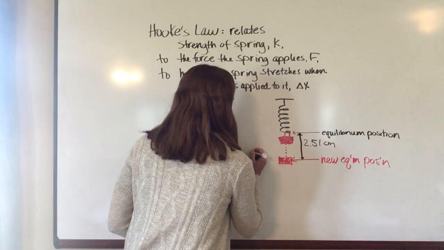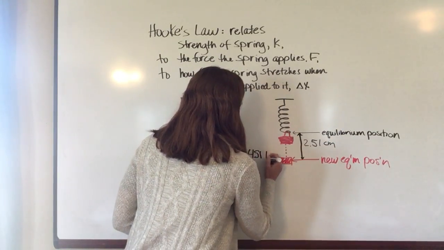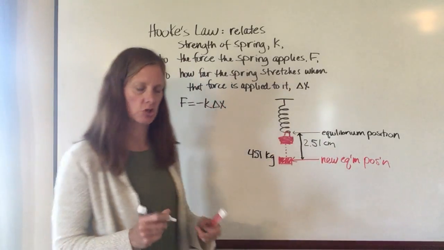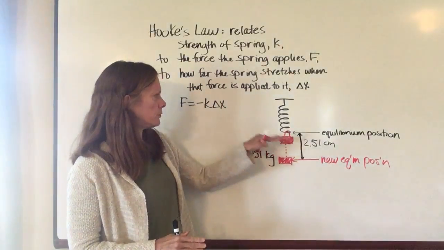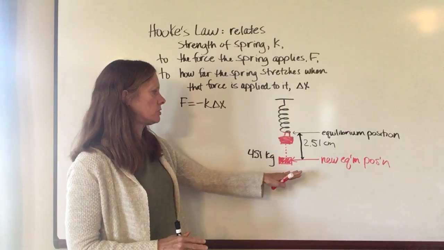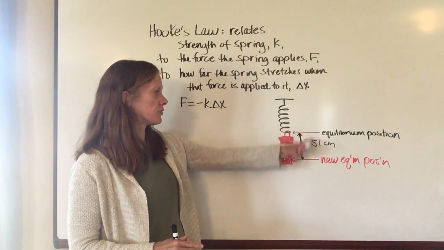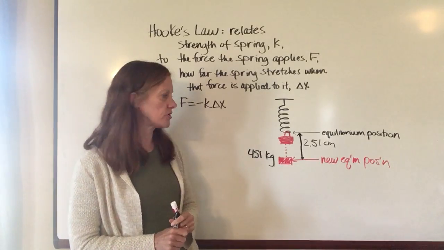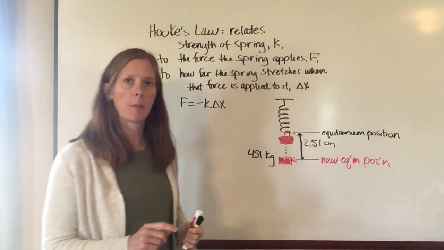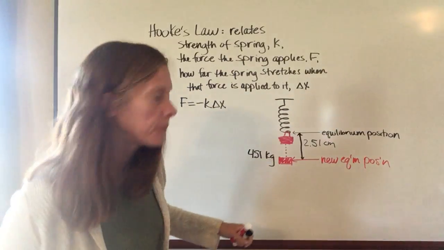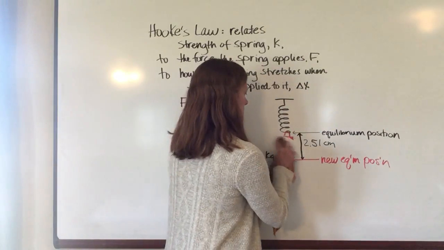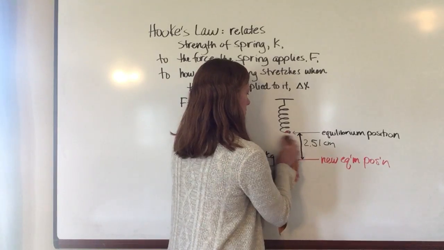So obviously this is a very large mass that she has hung on the end of this. So new equilibrium position, and a difference of 2.51 centimeters. Now let's think about a force diagram of this object once it is down here. And I'm actually going to erase this one so that I don't confuse you.